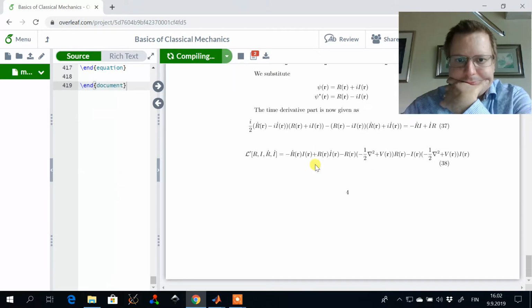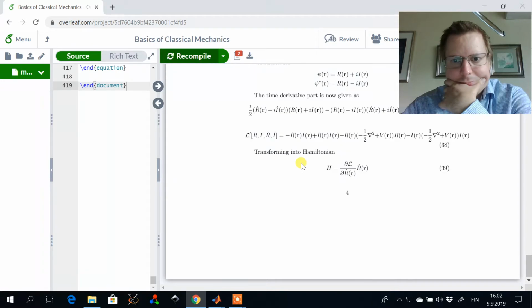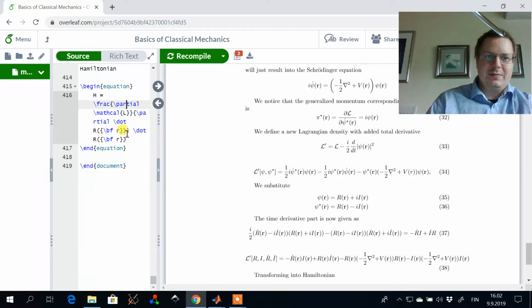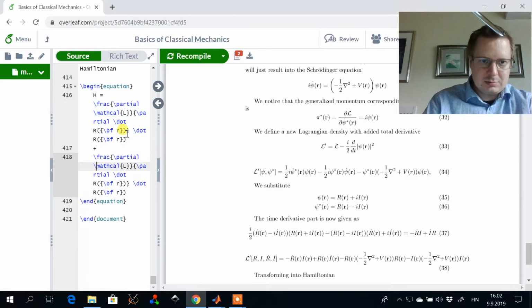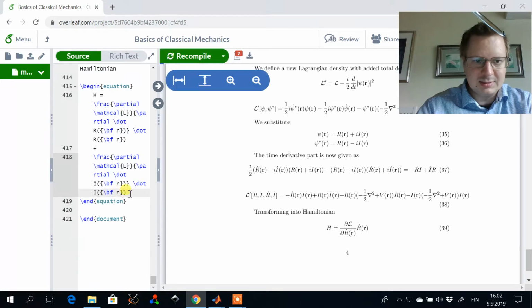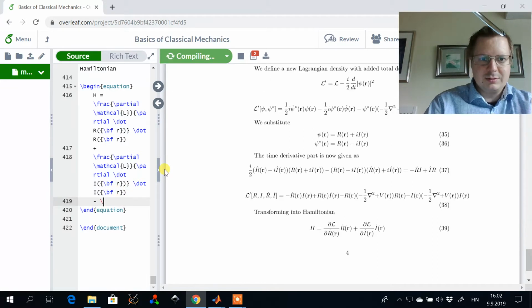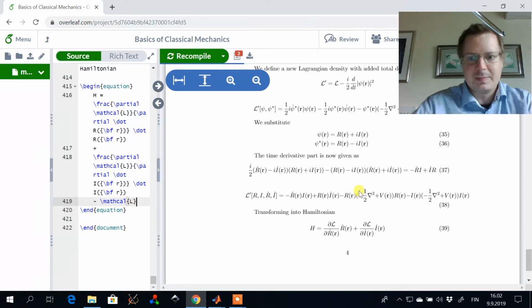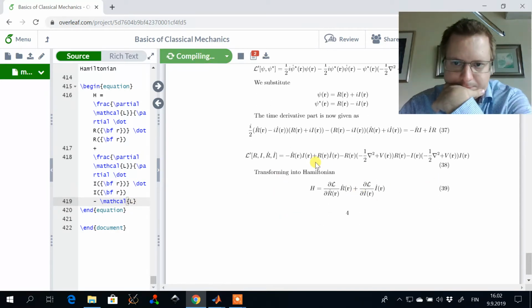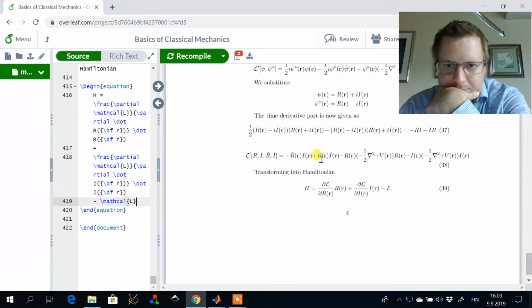So we have the Hamiltonian, which will be defined as the conjugate momentum times the velocity itself, and then minus the Lagrangian. And now we see that the Hamiltonian is actually linear with respect to these terms.